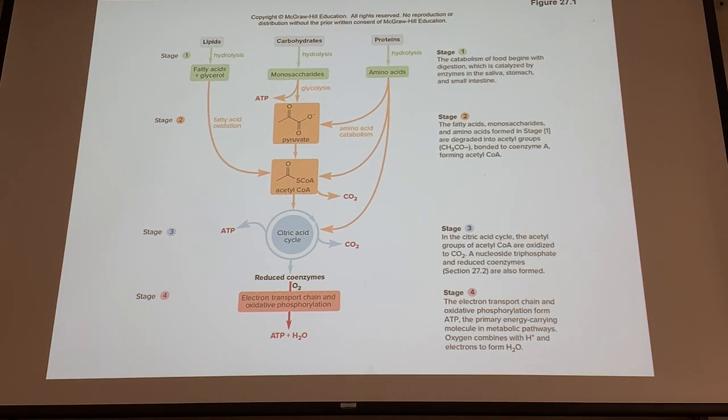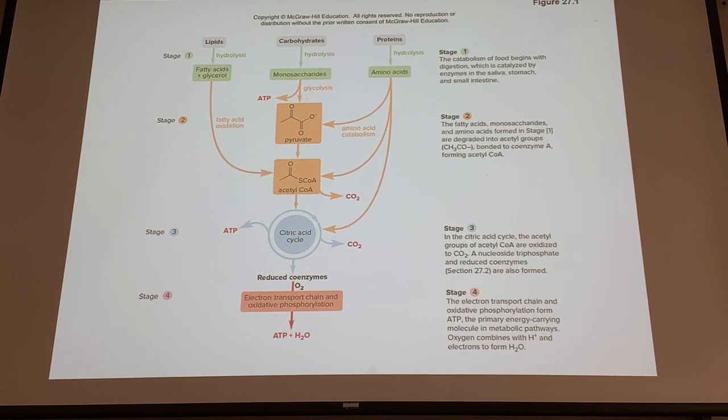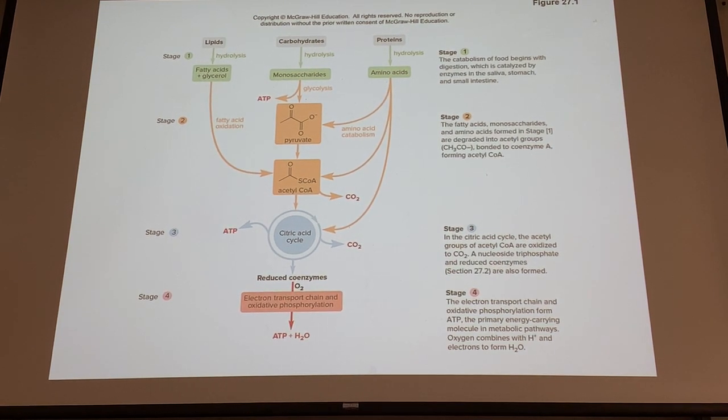And then you'll notice that ATP is produced in the glycolysis pathway. That is, again, an energy storage molecule, as we'll discuss. And then our third stage is going to be the citric acid cycle, where our acetyl coenzyme A is going to be oxidized to give us CO2.